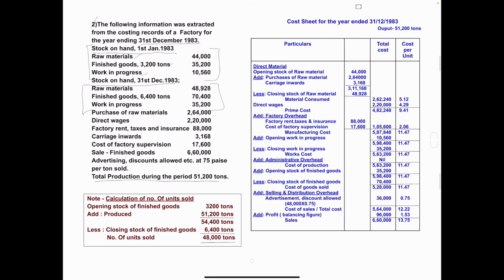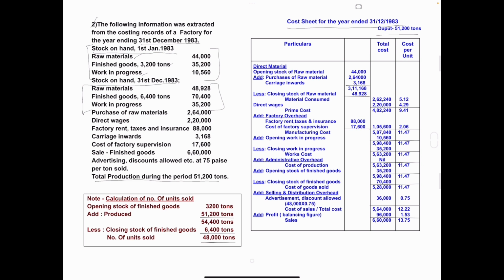First, we have to write cost sheet for the year ended 31st December 1983. And whatever the quantity or tons they have produced during this year, that we have to write here. Output 51,200 tons. So it will be easy to calculate the cost per unit. So the columns are particulars, total cost and cost per unit.